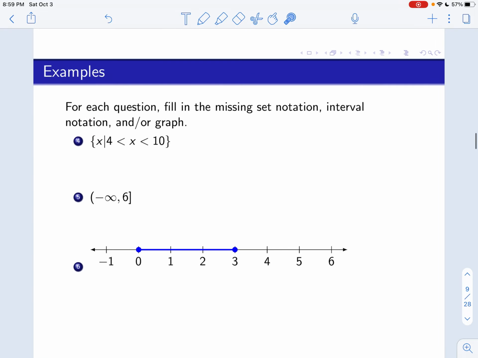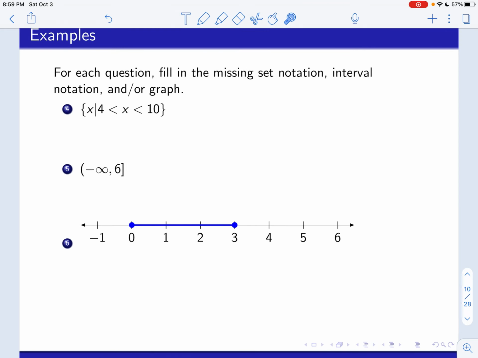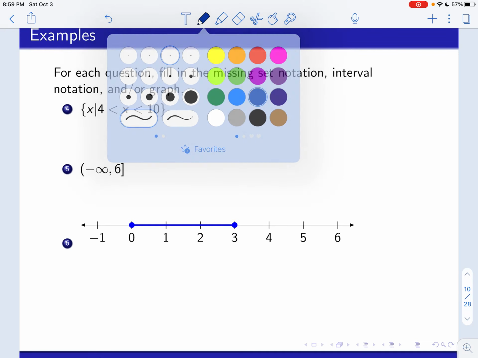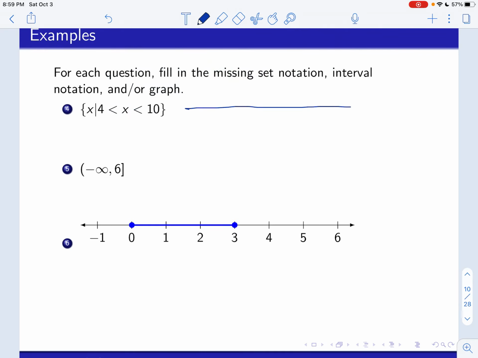Let's do a couple more, and that will wrap up our interval notation practice. I have the set of x so that 4 is less than x, which is less than 10. So let's start off by drawing a graph. So there's my number line.